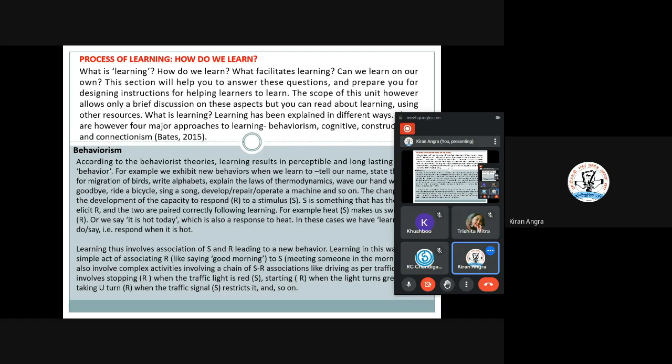According to these, learning results in a perceptible and long lasting change in behavior. So the learner can respond in a new way, and this is considered a new behavior.